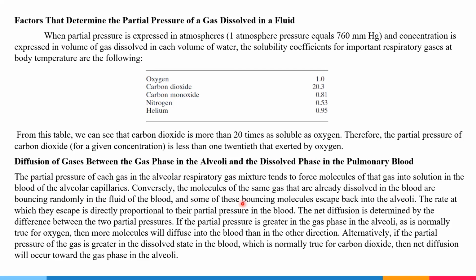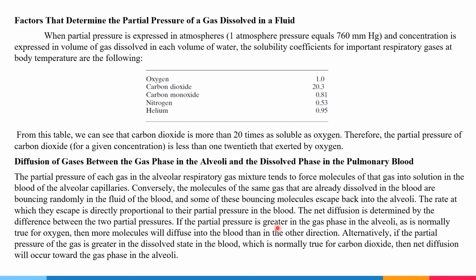Conversely, the molecules of the same gas that are already dissolved in the blood are bouncing rapidly in the fluid of the blood. Some of these bouncing molecules escape back into the alveoli itself. The rate at which they escape is directly proportional to their partial pressure in the blood. The net diffusion is determined by the difference between the two partial pressures.